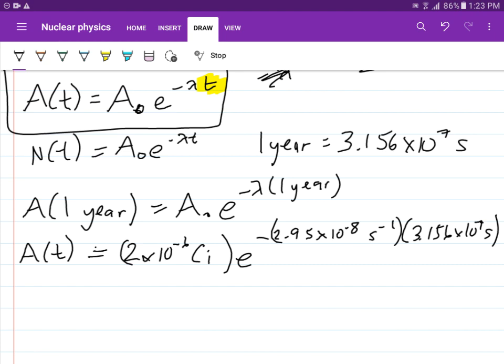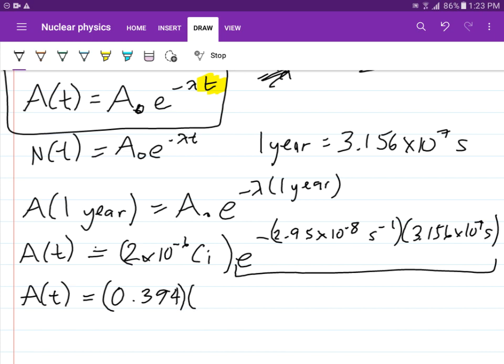So this value amounts to about 0.394, times the original activity, which is 2 microcuries. This means that there will be 0.394 of the original activity after 1 year.